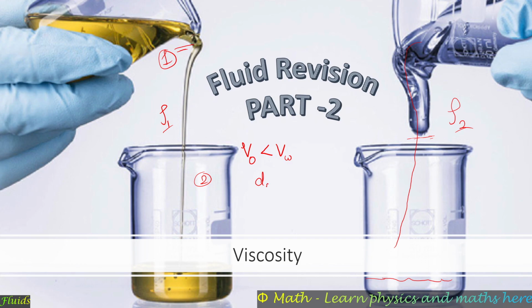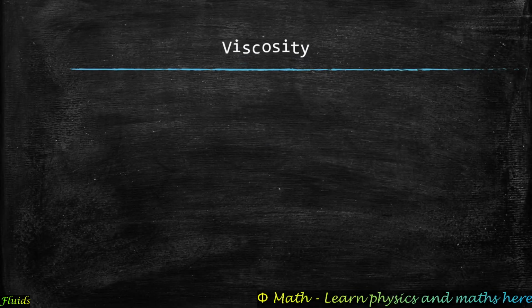Also density of oil is less than density of water. So this will make you make a relation between densities and viscosities. Also you might have heard honey is much more dense as well as viscous than water. So let us derive what is viscosity.